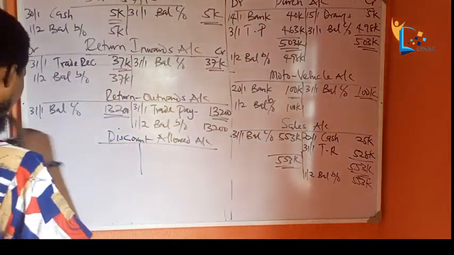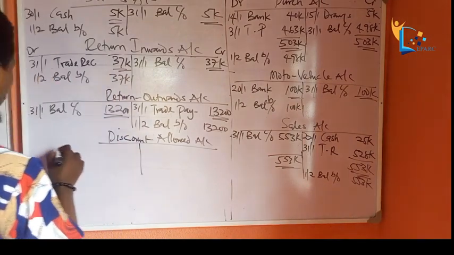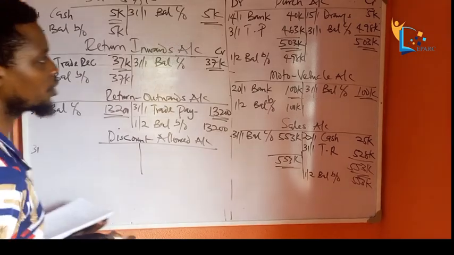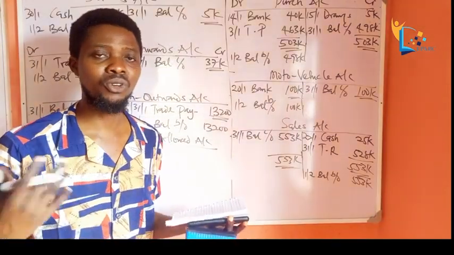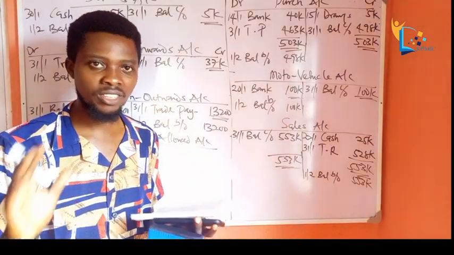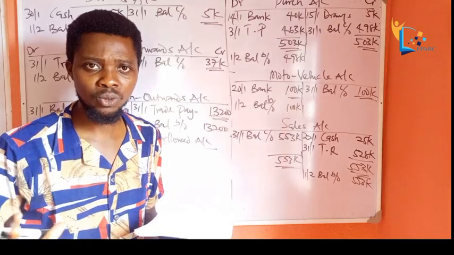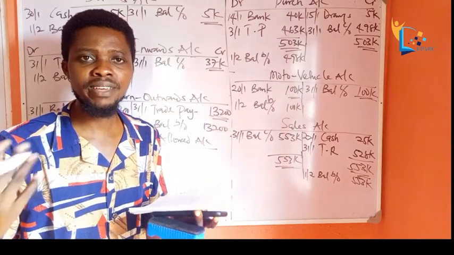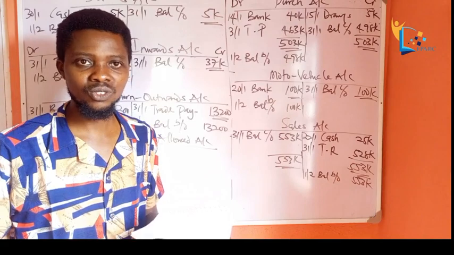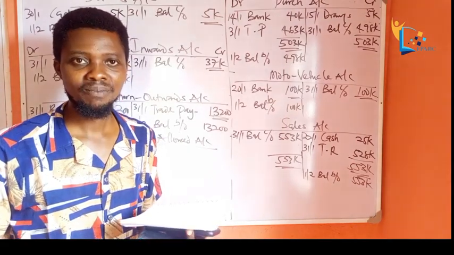All right. So discount allowed, we have the trade receivable. When you hear trade receivable, it's the same thing as debtors. Don't allow terminologies to confuse you. It's the same thing as debtors, people that are buying from you. When you hear trade payables, it's the same thing as creditors or suppliers.